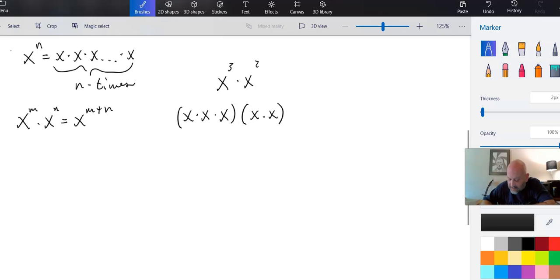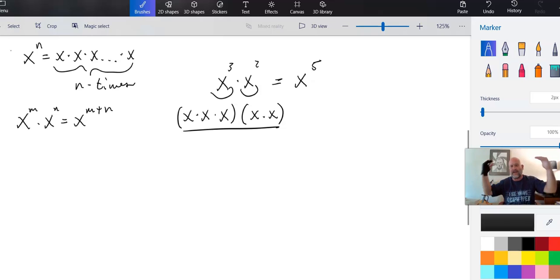If we ask ourselves how many x's are we actually multiplying here, there's 5 of them. So this is actually x to the 5th. Because what we do is we add the 3 that are being multiplied here to the 2 that are being multiplied here. The exponent is telling you how many times something is multiplied, and so we can use addition to figure out how many times something is multiplied.